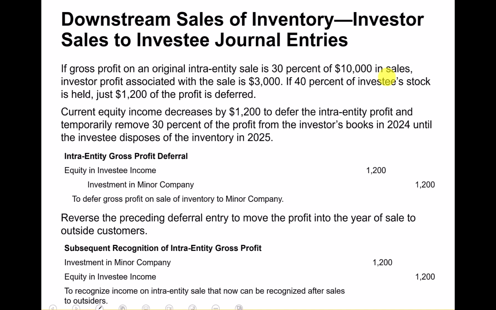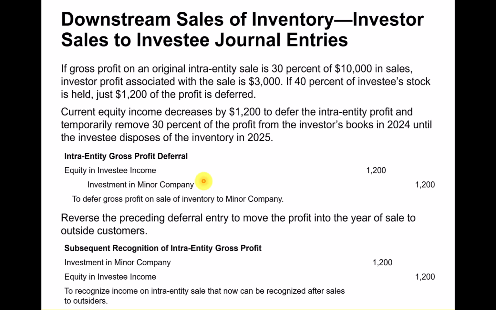So at the end of the year, here we're going to reduce that income allocated from the investee by this 40% of the 3,000, and at the same time reduce the asset, not the inventory. Okay, this is not inventory of the investor, but reduce the asset, investment asset.